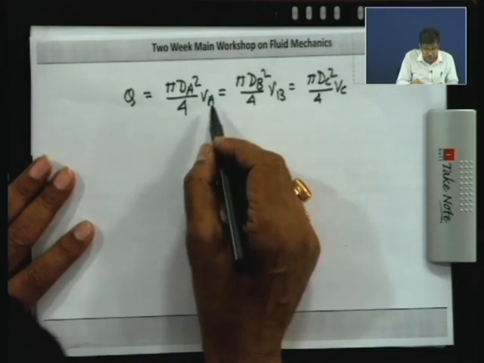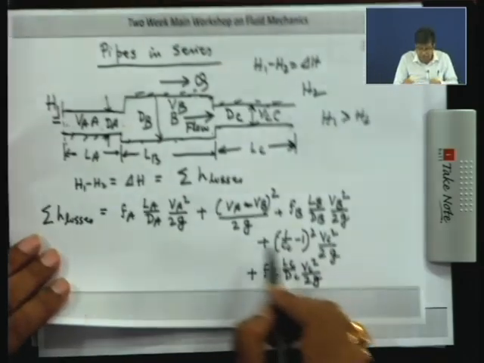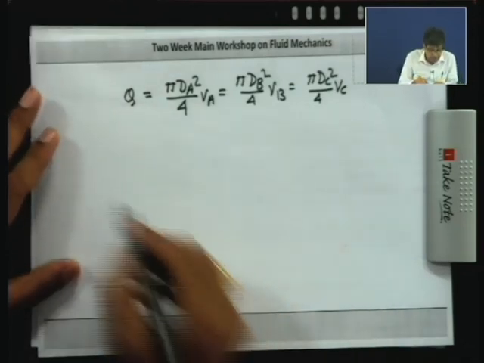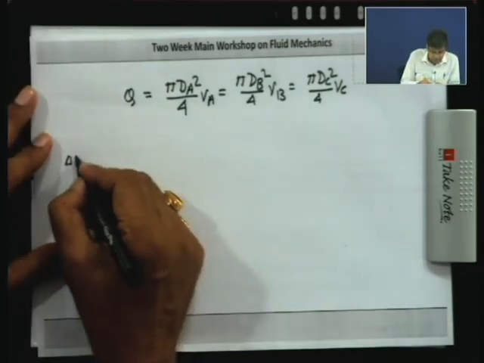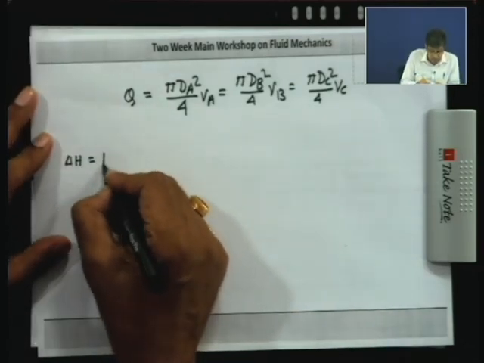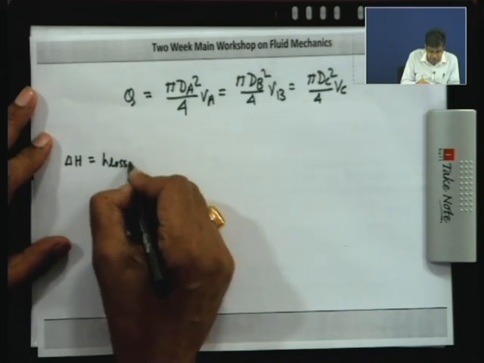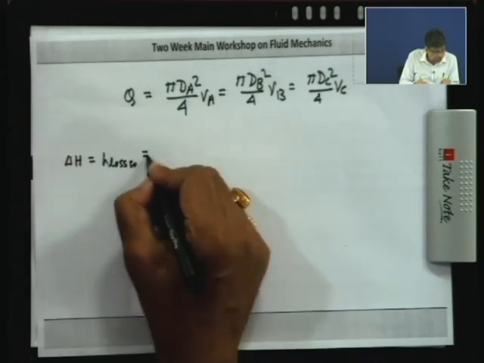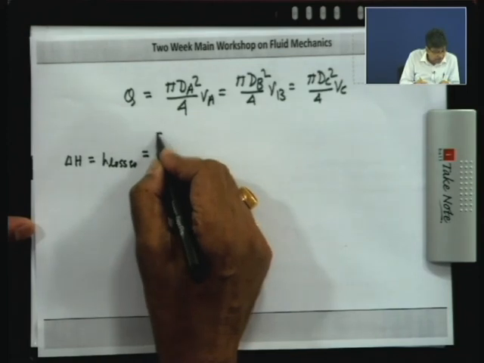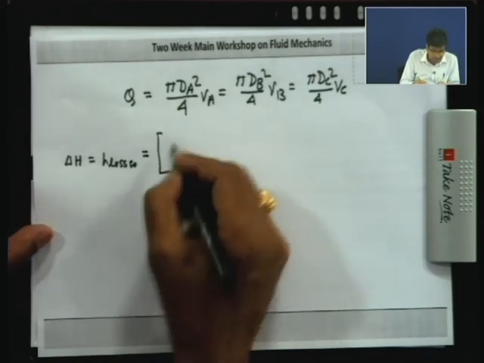If you substitute all these VA, VB, VC in terms of Q, you get ultimately an expression that delta H, which is equal to the head losses, becomes an equation like this.